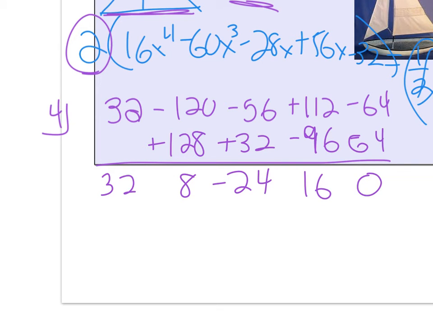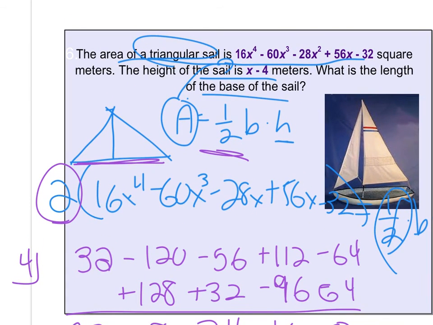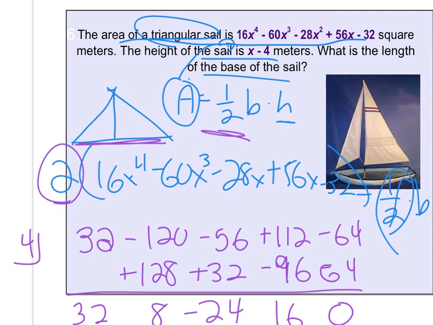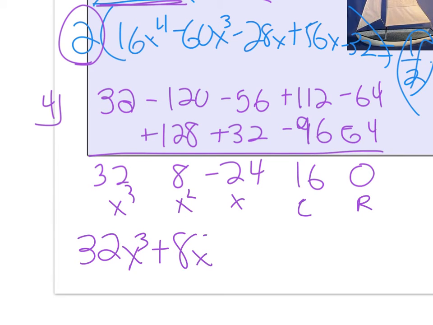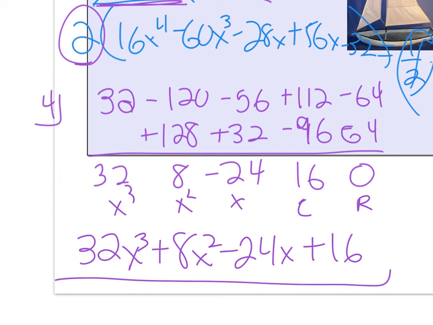So that's going to give me 0. So the length of the base of the sail is going to be this. So that's the constant, there's my remainder, x squared, x cubed. So it's going to be 32x cubed plus 8x squared minus 24x plus 16. There's my answer. Good problem.